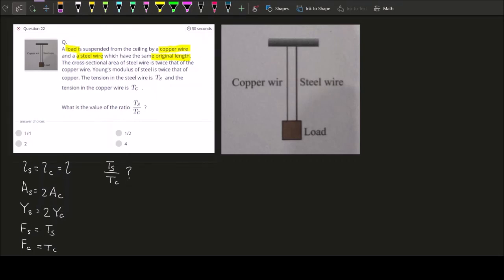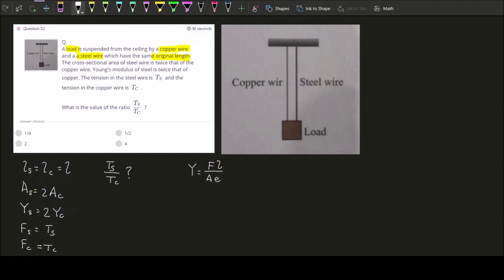All these point to one equation only: force divided by area for stress, divided by e over L for strain. This is the equation for Young's modulus.